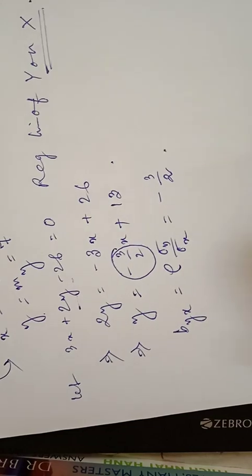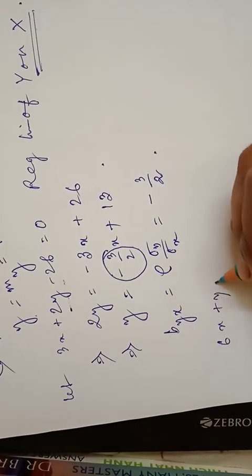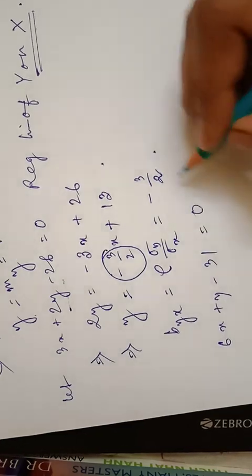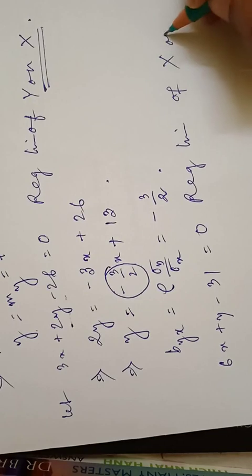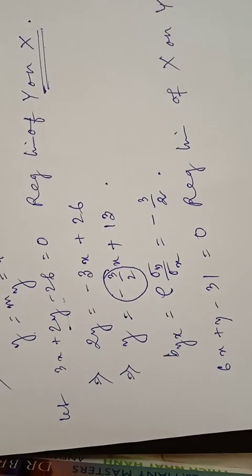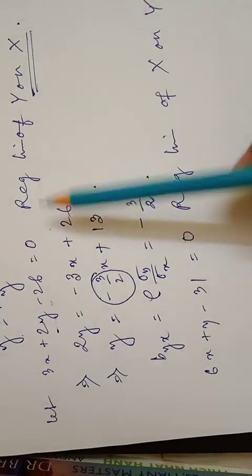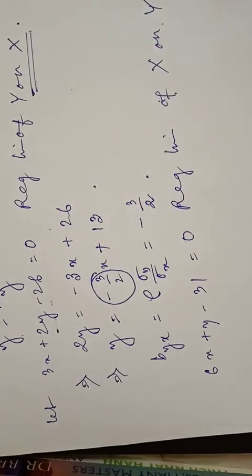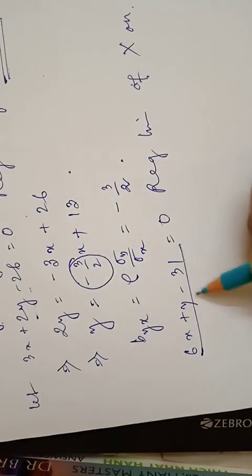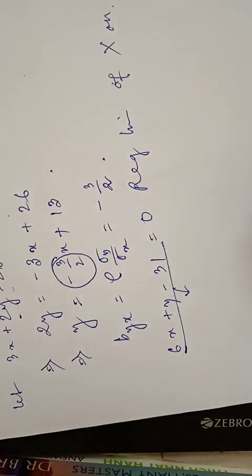Now take the next equation, which was 6x plus y minus 31 equals 0, as the regression line of x on y. We are taking it arbitrarily. You can take in reverse order also, that is, the first one for x on y and the second one for y on x, the same thing. So now putting it in that form, try to get the slope of that line.